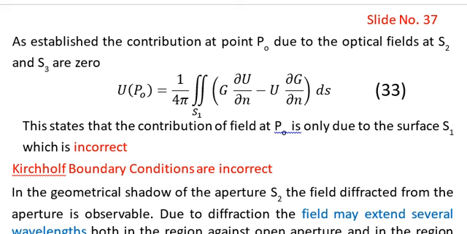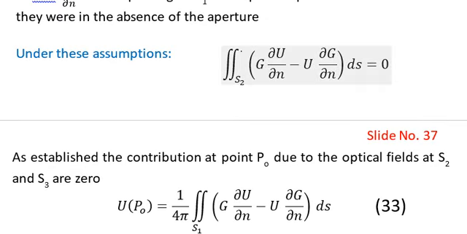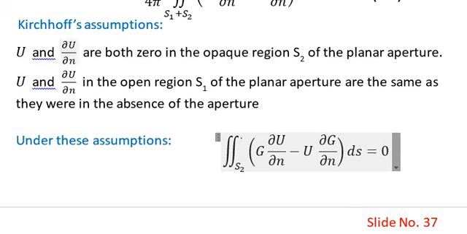In the physical conditions you can notice that there is a field, that you can also detect a field behind the opaque region of the aperture, where we have assumed that the partial derivative of u and u itself are both 0.